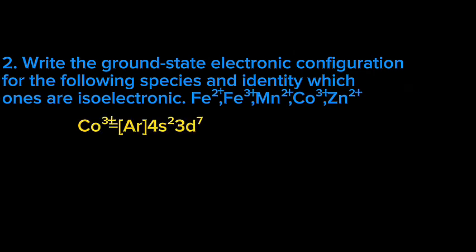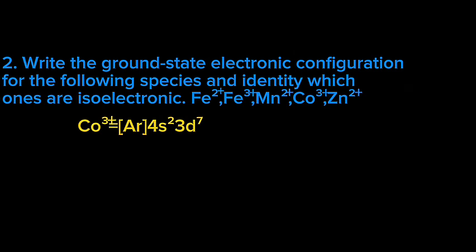Cobalt 3 plus becomes Ar 4s2 3d7. As usual, that's the ground state. When it loses 3 electrons, it loses 2 from the 4s shell, the 4th shell, and 1 from the 3rd shell.